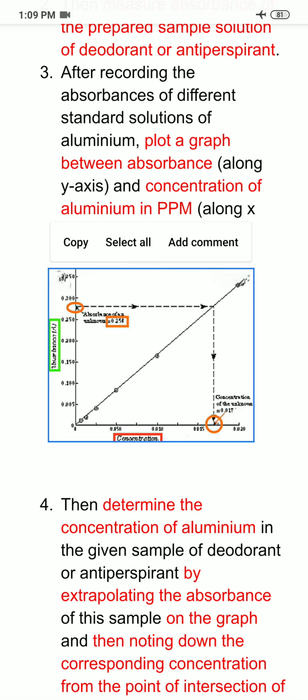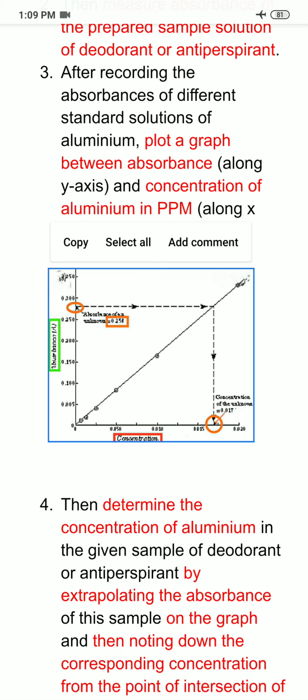Suppose that absorbance comes out to be equal to 0.256. I have written that in the rectangle. Suppose this orange rectangle is showing that the absorbance of the unknown solution of aluminium in the deodorant is coming out to be 0.256, and its corresponding position on the graph is marked in the orange oval.